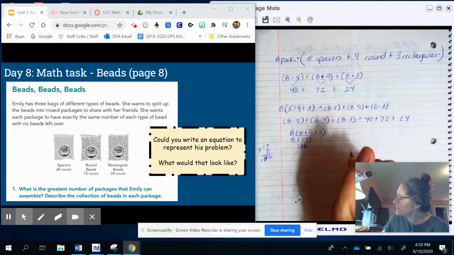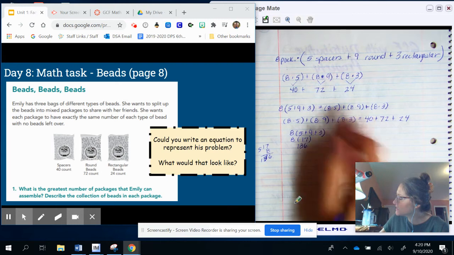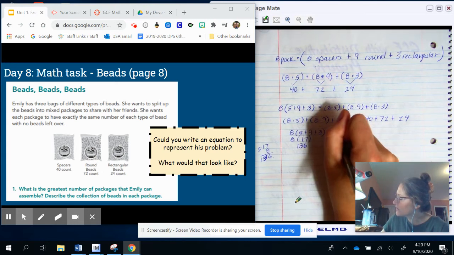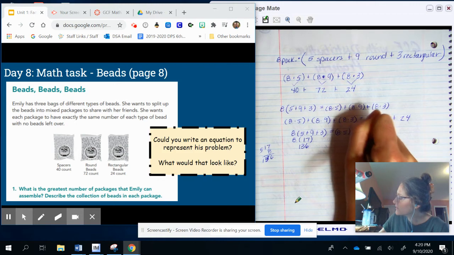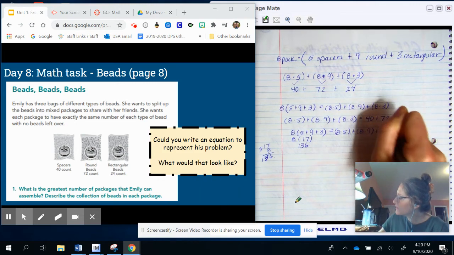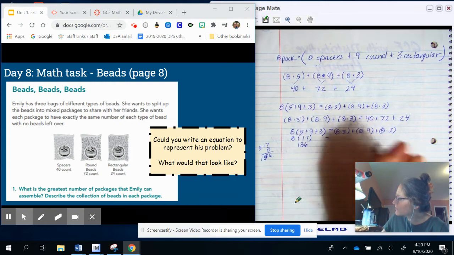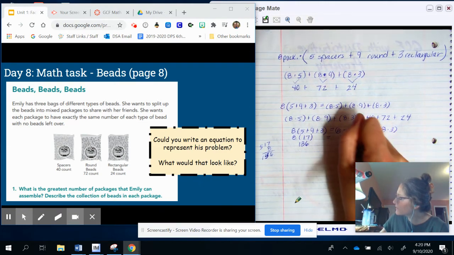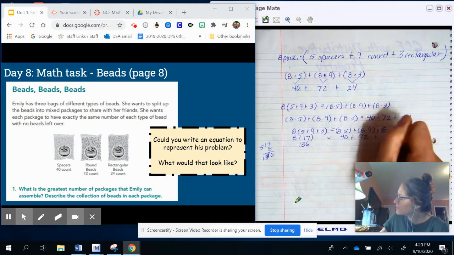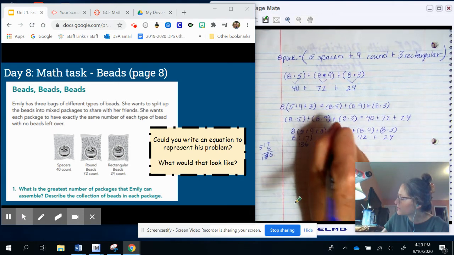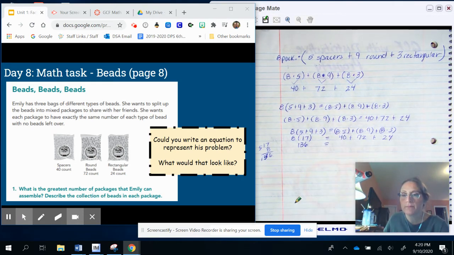If we're going to say this is equal to this and all those things are equal to each other, add these three up.